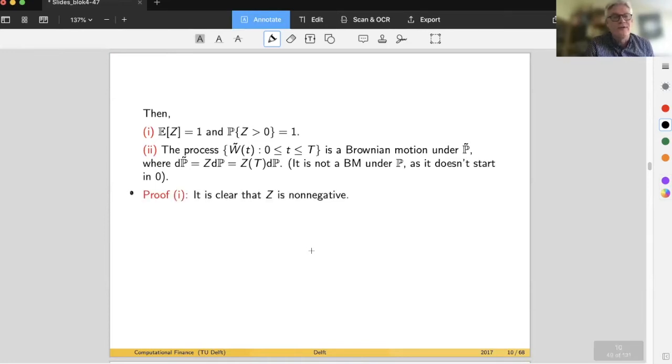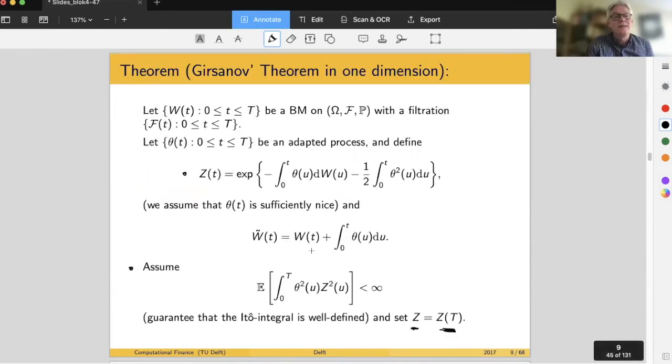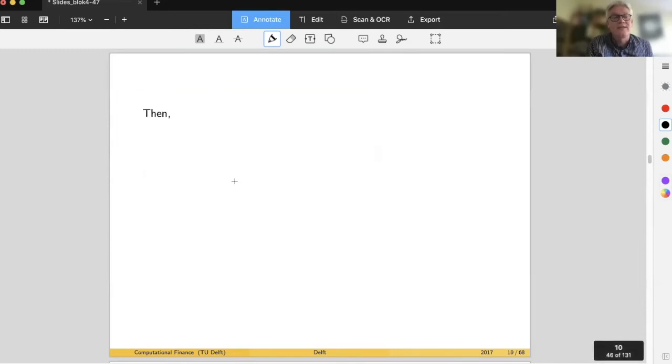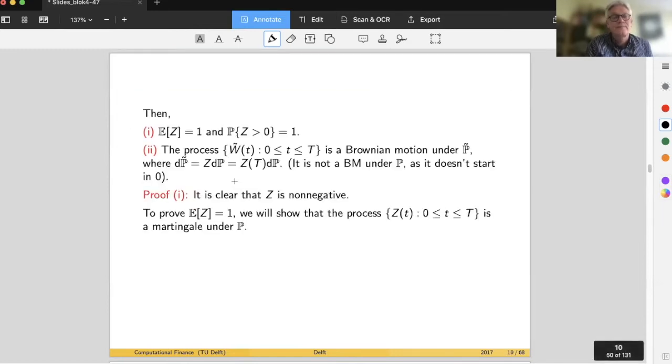So how do we prove that? Well, we first will prove part 1, so the expected value of Z equal to 1 and the probability of Z greater than 0 under measure P equal to 1. First of all, it's clear that Z is non-negative. If we look back at Z, we see that it's an exponential, so it's certainly non-negative. Now we need to prove that the expected value of Z is equal to 1.